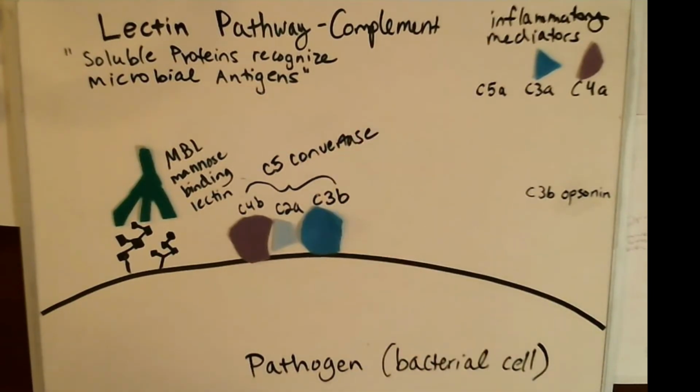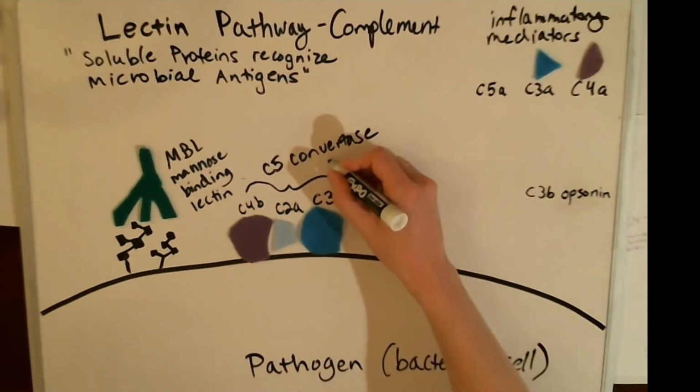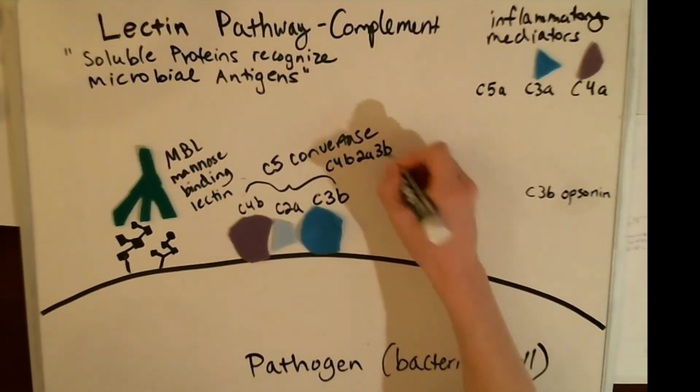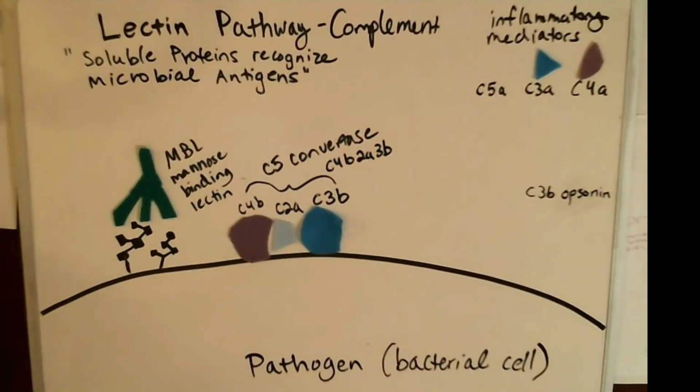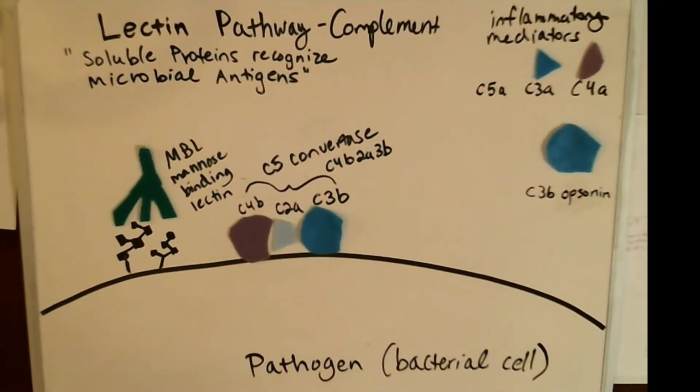So this should again all be review for you from the classical pathway. So C5 convertase, sometimes also abbreviated C4b2a3b. Remember, we also make other molecules of C3b that can serve as an opsonin to coat pathogens and allow for increased phagocytosis.